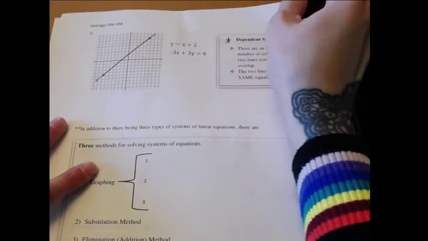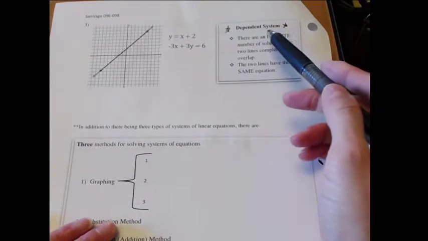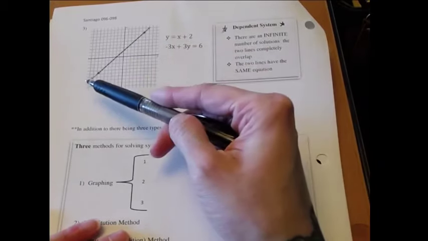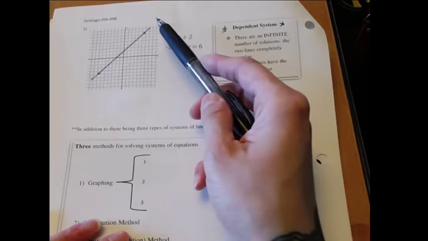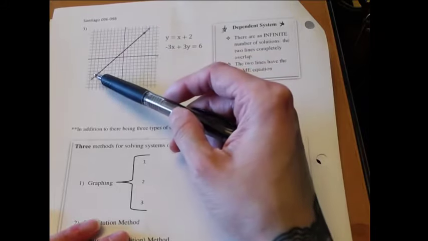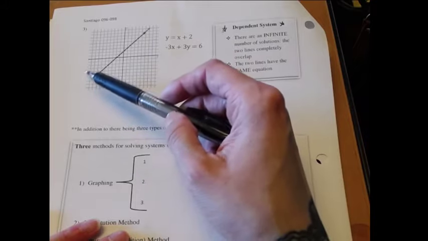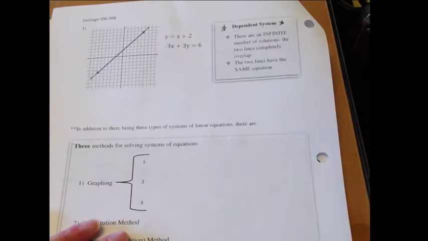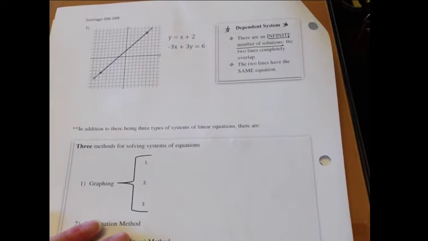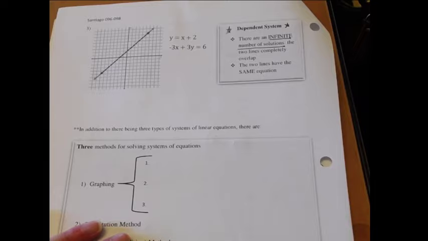If you have a dependent system, what that means is that the two lines are actually the same. If your two lines are the same and they're one on top of the other, then they intersect at every single point. And if they intersect at every single point, there is an infinite number of solutions. That's what you would write as your answer to a dependent system.